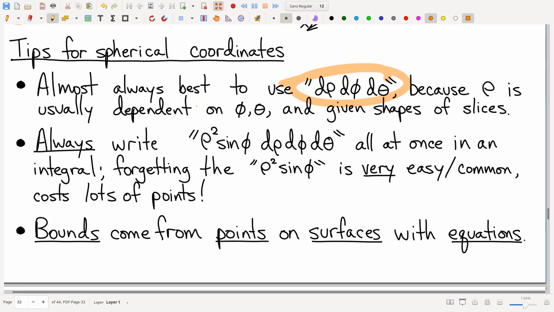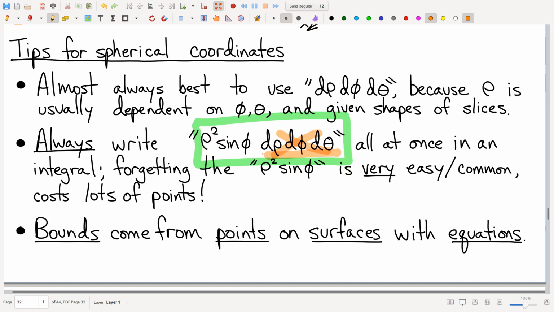Okay. Also, just like cylindrical coordinates, you don't want to write that down by itself. It doesn't mean anything by itself. dV requires the stretching factor included as well. So this thing by itself is, I'm going to say, kind of unnatural. D rho d phi d theta has nothing to do with dx dy dz.